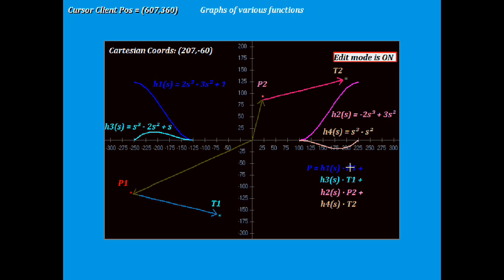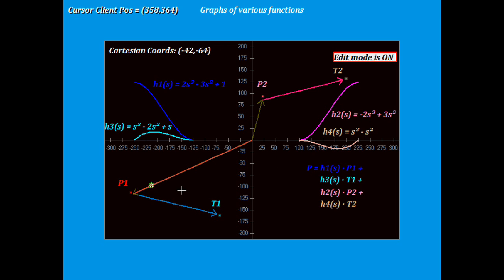Since that's multiplied by this vector, the position will begin at 1 times this vector, which is P1, and reduce to 0 at the end. So I do Control T, it should start. So now it's doing that. That is the first term, H1 times P1. No mixtures or anything.